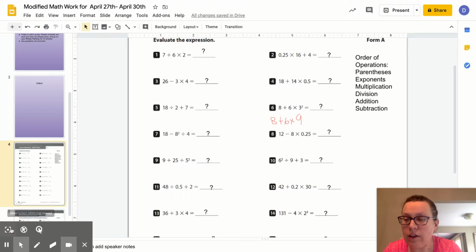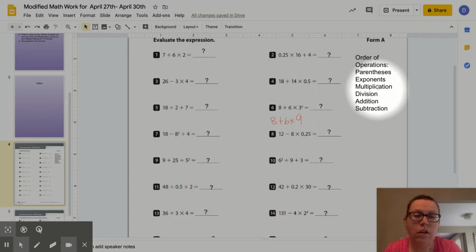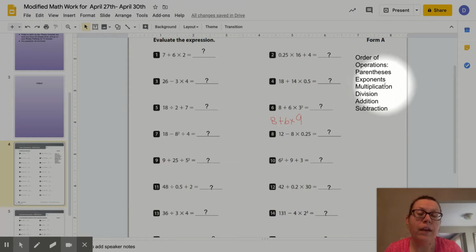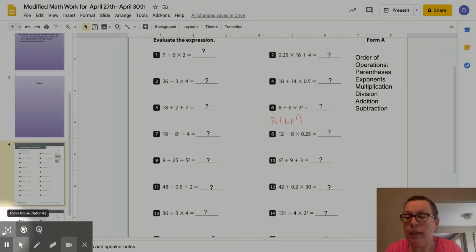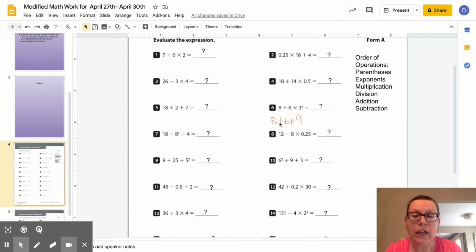And then over here, after the exponents, we see that we have to do multiplication, which would be 6 times 9, or 54. So I am going to write 8 plus 54.